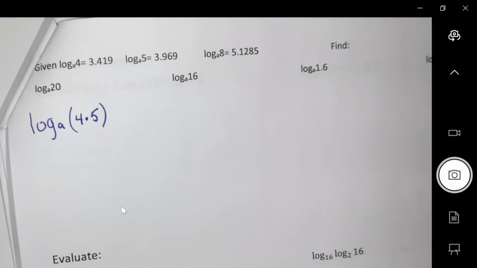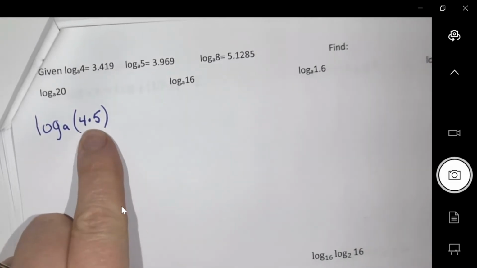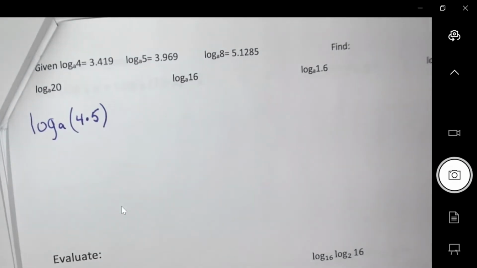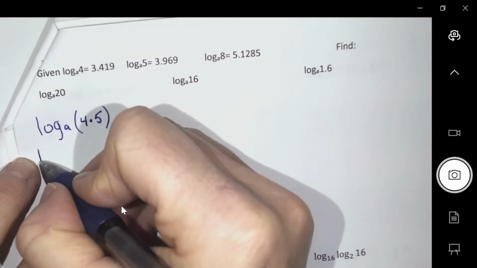Okay, now the rules. If these two things are multiplied, I can separate them into 2 logs with adding.